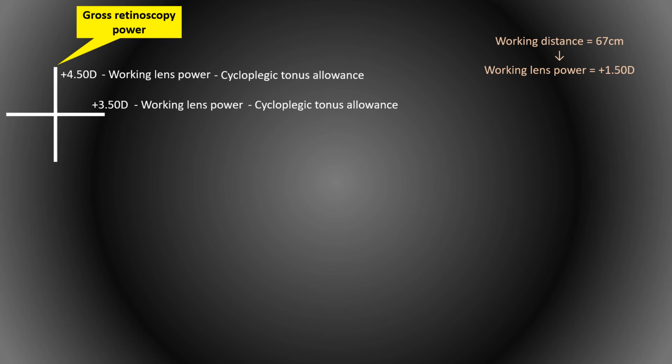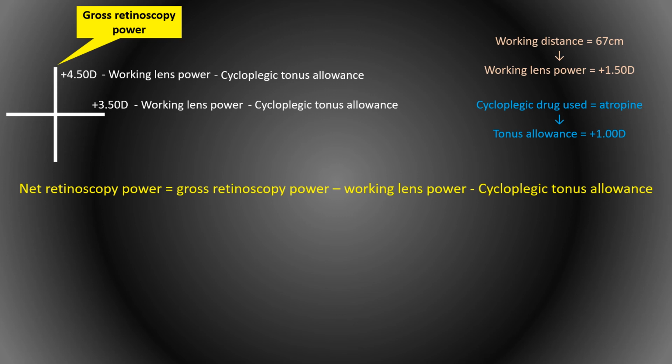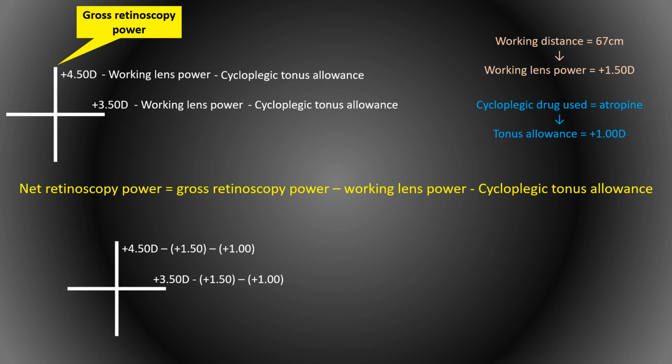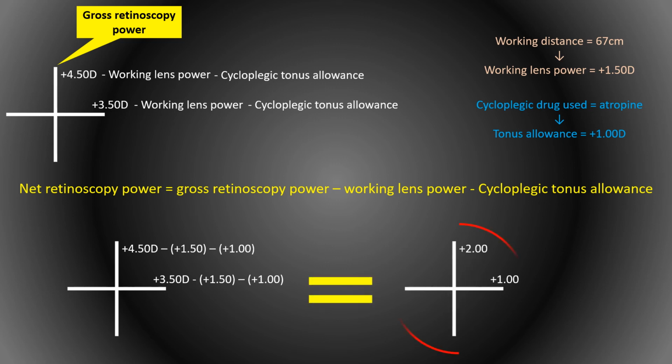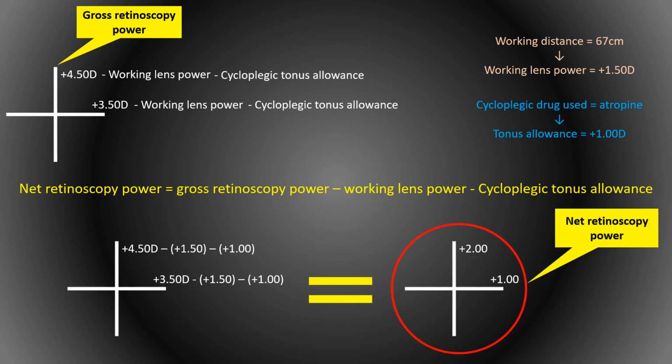The cycloplegic used was atropine, so plus 1 diopter tonus allowance for this. Net retinoscopy power is equal to gross retinoscopy power minus working lens power minus cycloplegic tonus allowance. For the above example, gross retinoscopy power minus working lens minus cycloplegic tonus allowance, and we have this, which is known as net retinoscopy power.